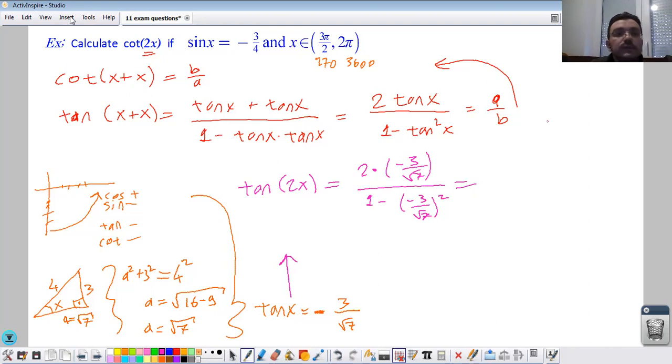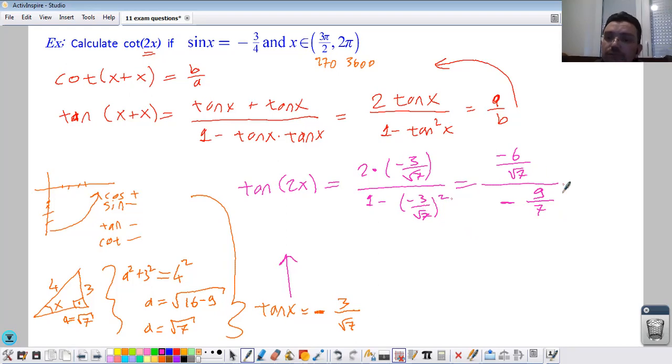Now let's put this over there. 2 times minus 3, there will be a minus 6 over square root 7 on top. In the denominator, the minus remains there. The square of a negative will be positive, minus times minus is plus. So 3 times 3 is 9, root 7 times root 7 is 7.